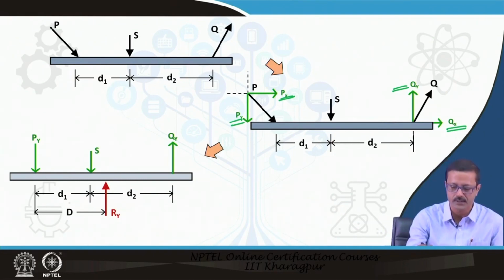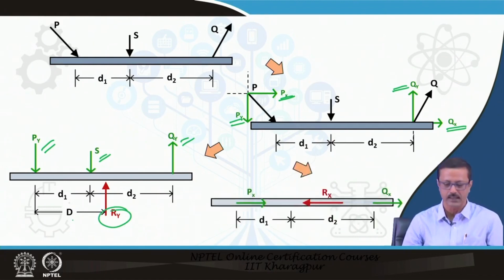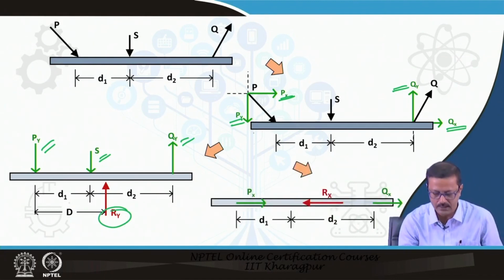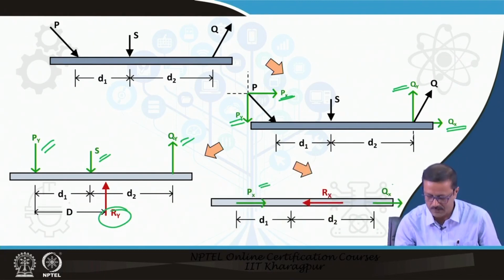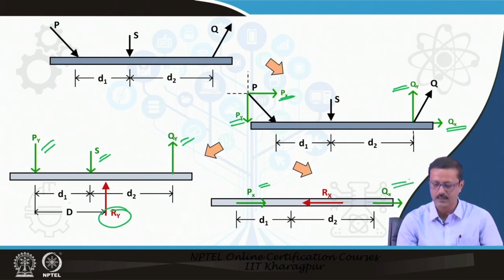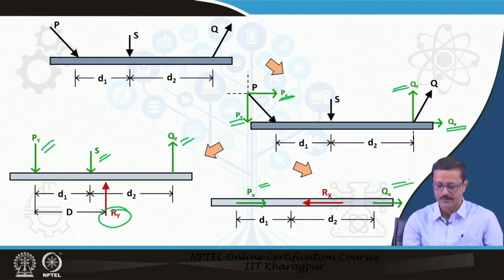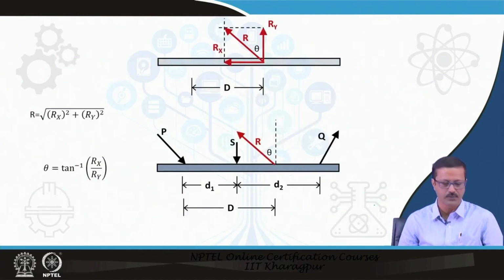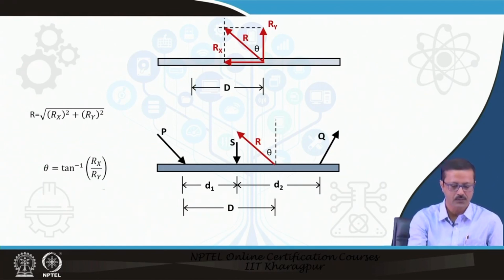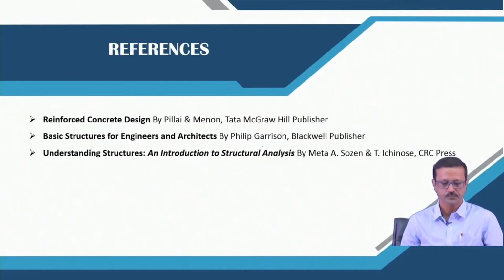The y direction forces are Py, Qy and S, and that gives me the resultant value Ry. In the x direction, the forces are Px, Qx and no S is there. So Rx will be found out, and then finally I can find out the resultant reaction between them, and with this formula I can also find out the angle theta for that.